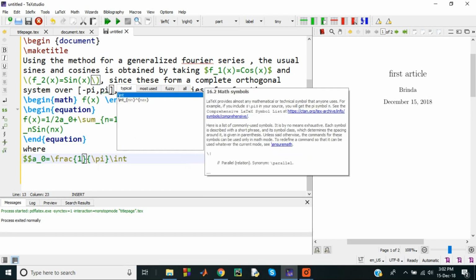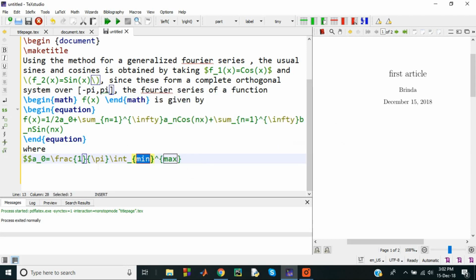Integral f of x dx. Integral, the lower limit is minus pi to pi, f of x dx, and close it with the double dollar sign.